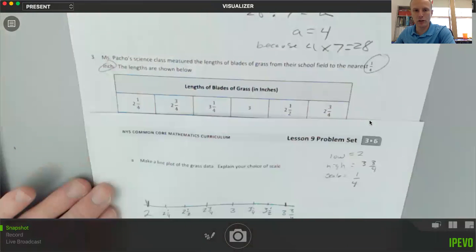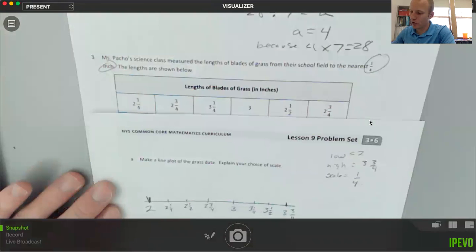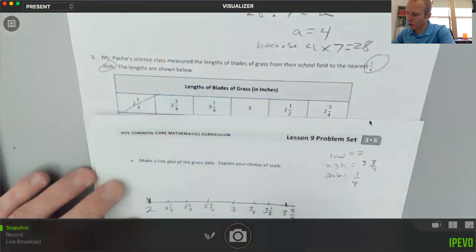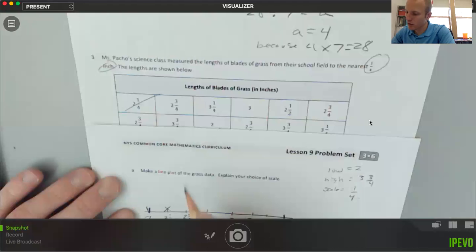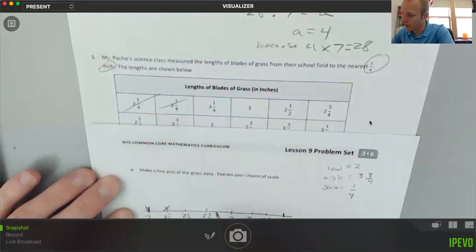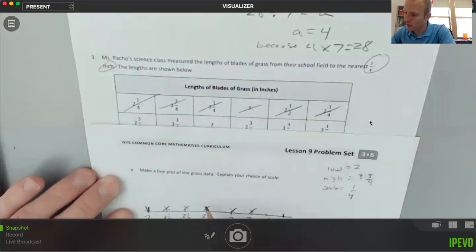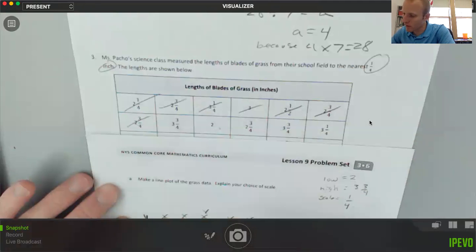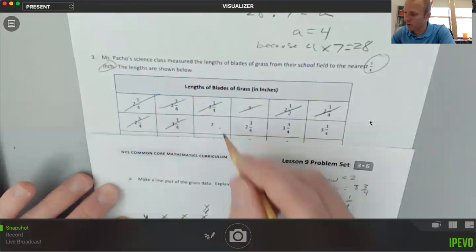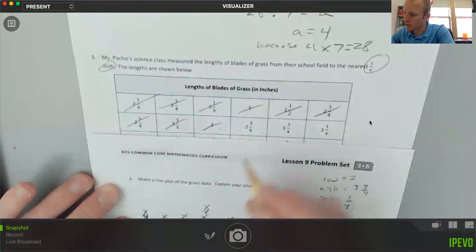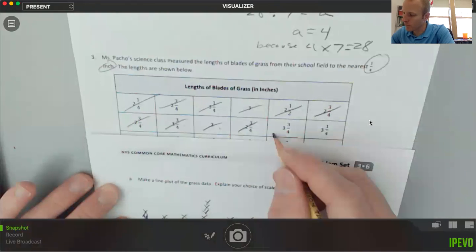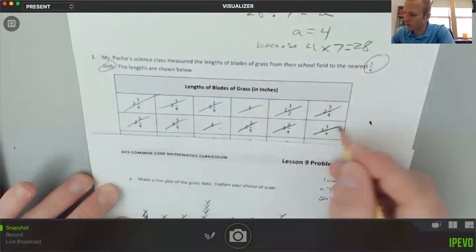So we'll do it like this, one row at a time. 2 1/4. So we're going to put an X there. 2 3/4. Put an X there. 3 1/4. 3. 2 1/2. 2 3/4. 2 3/4 again. 3 3/4. 2. 2 3/4. 3 3/4. 3 1/4.